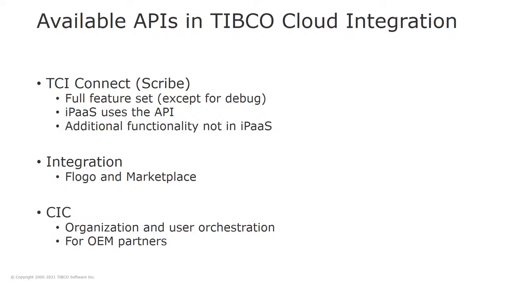Debug is still a private API that we have within our system. But aside from that, anything that you can do on screen within the application, you can also perform within the API. There are also some additional sets of functionality in the API that are not in the iPaaS. There are things around some cloning solutions and a few other things that are not available to you in the front end.